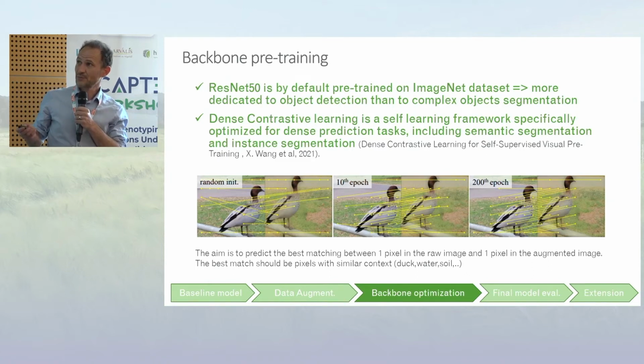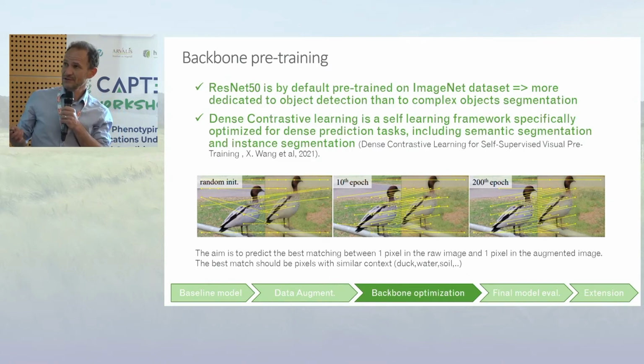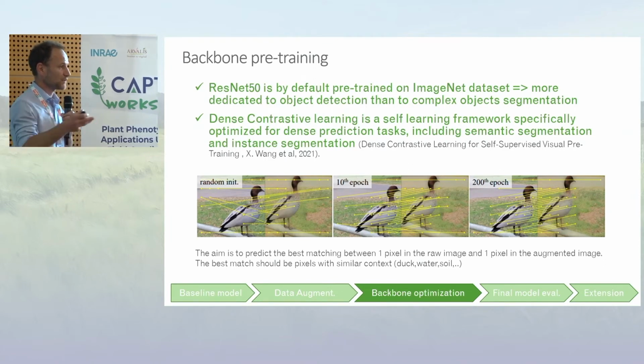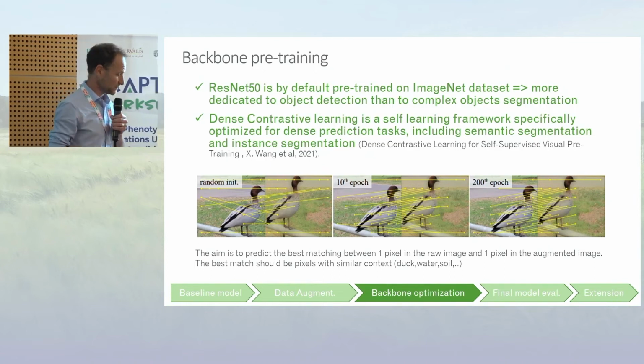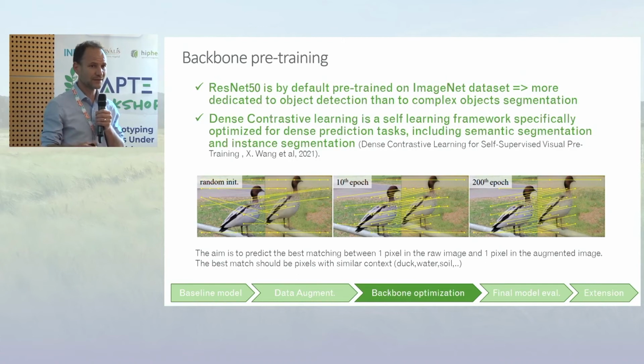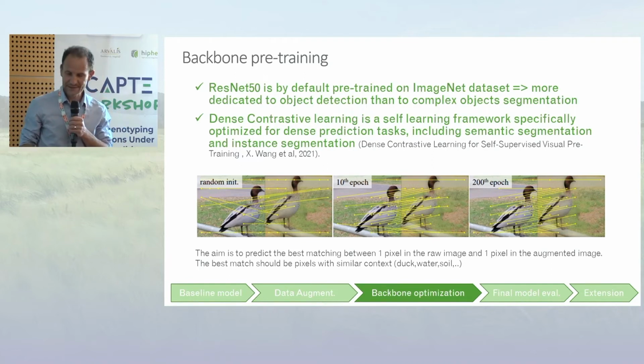Self-supervised learning is an interesting technique, because you just provide to the algorithm a large set of data, of the kind of data you will have to process, and it will automatically optimize the weights of your model by itself. So it's quite convenient because it's automatic.